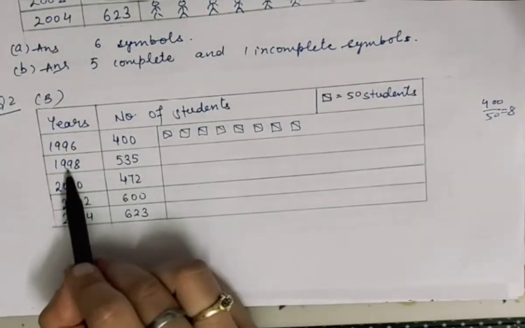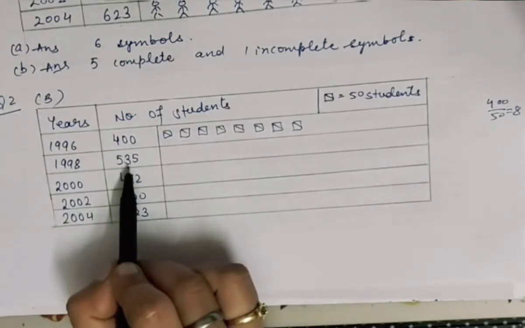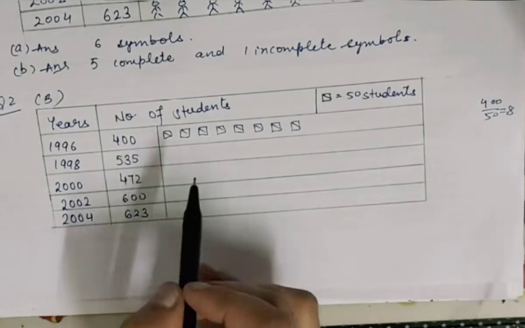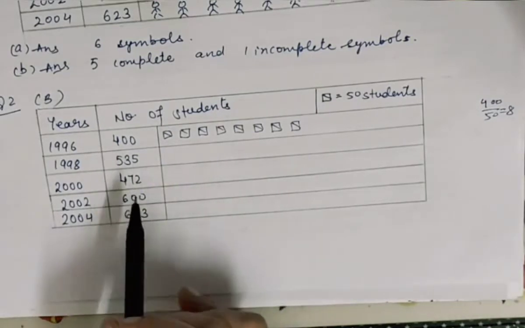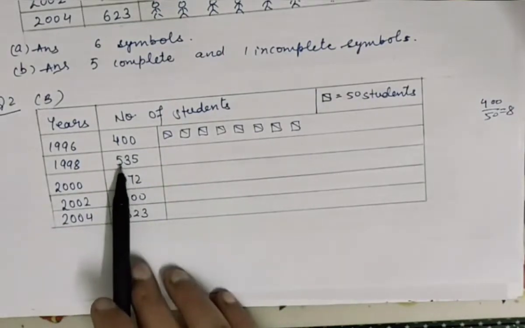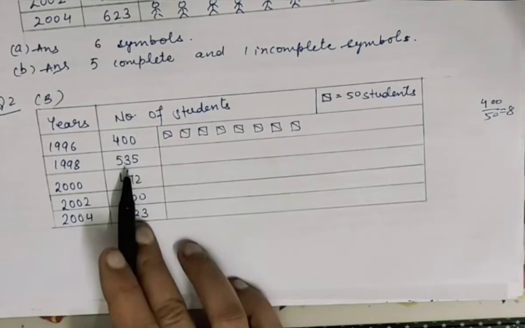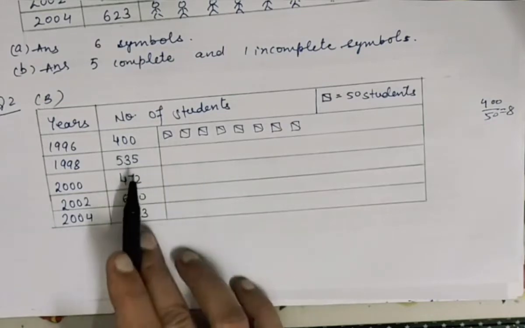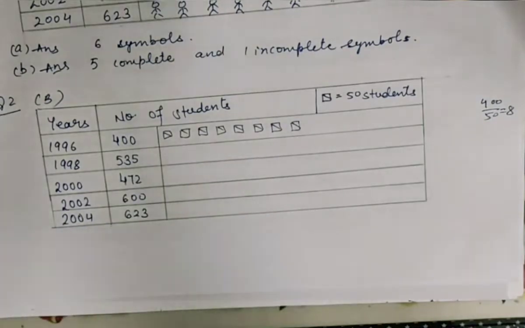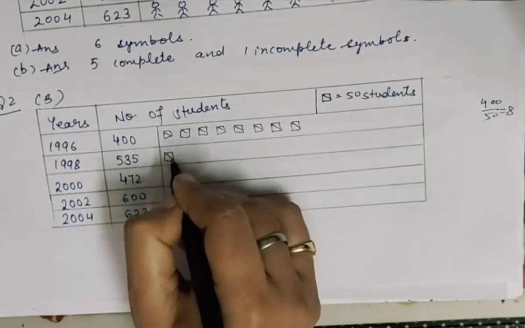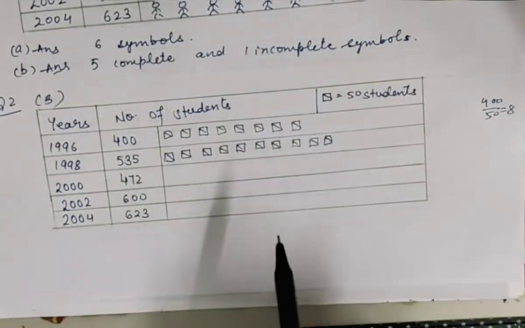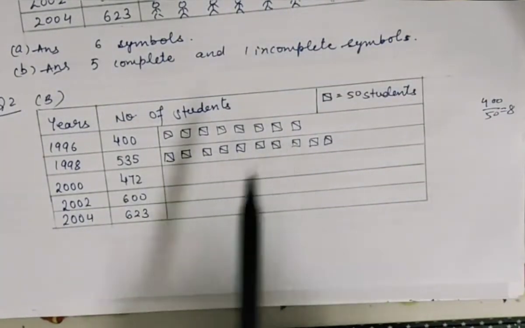Now the next is 1998, 535 students. How many symbols for this do we need to draw? For 500, we can draw 10 of these symbols. Now 35 we'll discuss later. Let us draw the 10 first. Now I have drawn the 10 symbols.